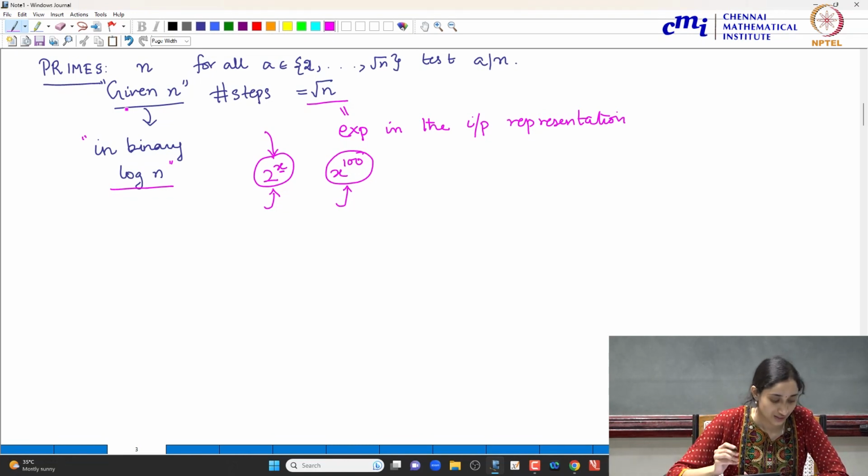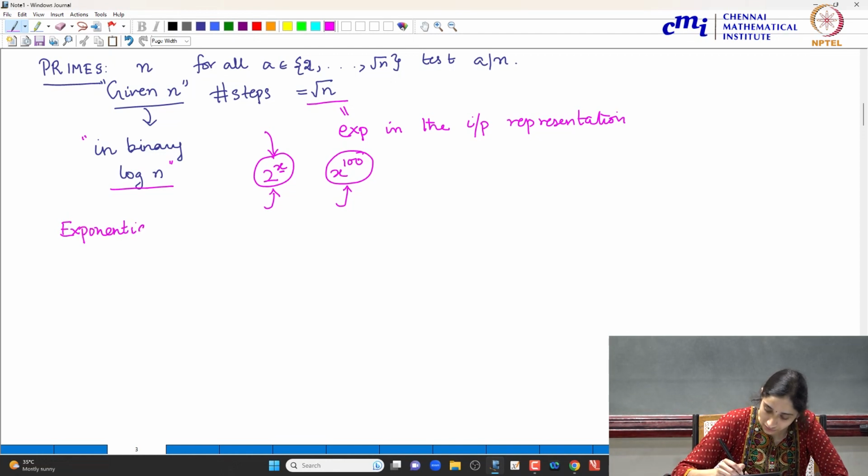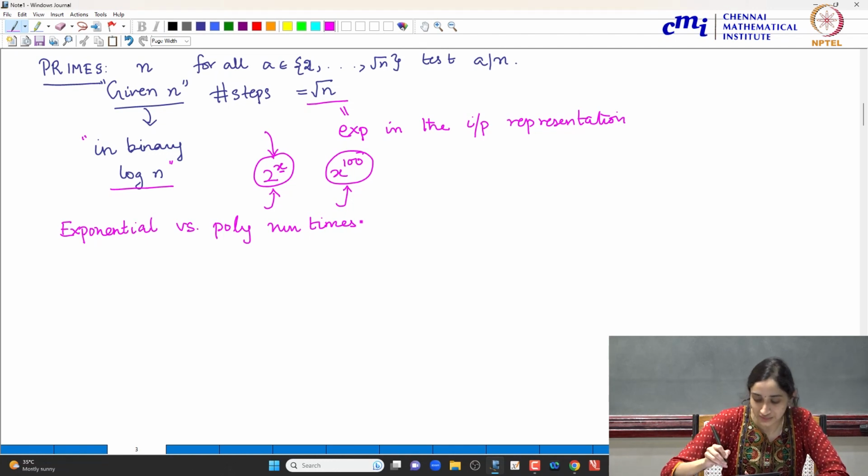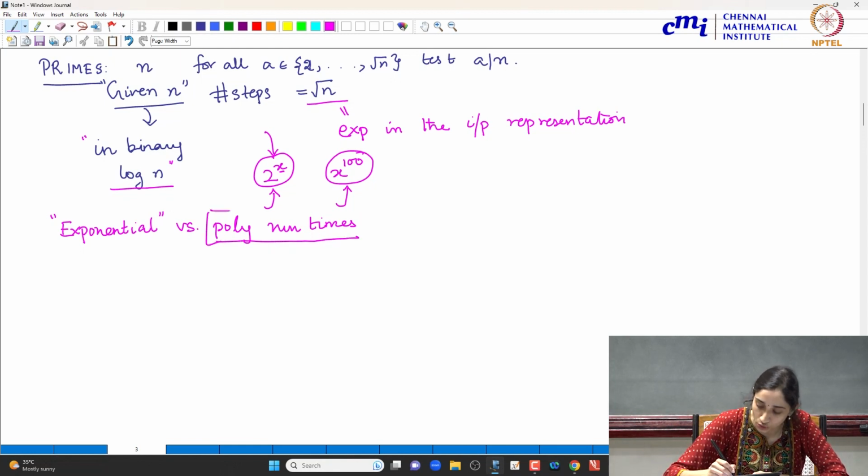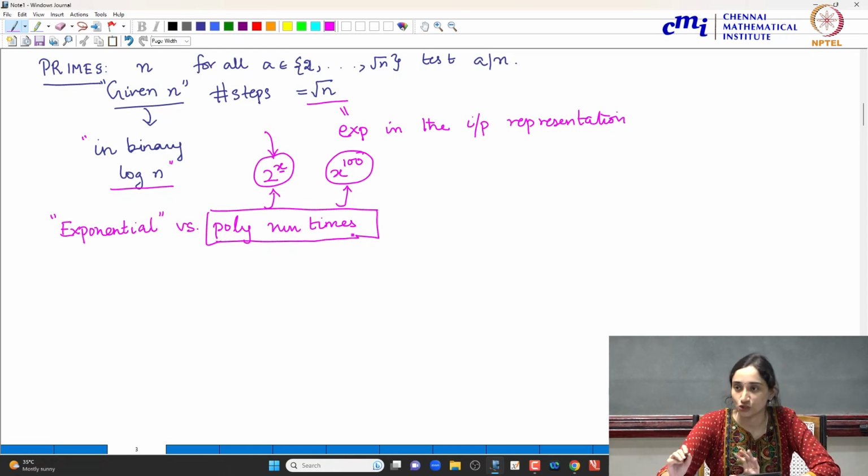Okay. So, exponential running time versus polynomial runtimes. There is usually a trade-off, and some exponential algorithms are considered not so good, but polynomial runtimes are really the good estimates that you should attack.